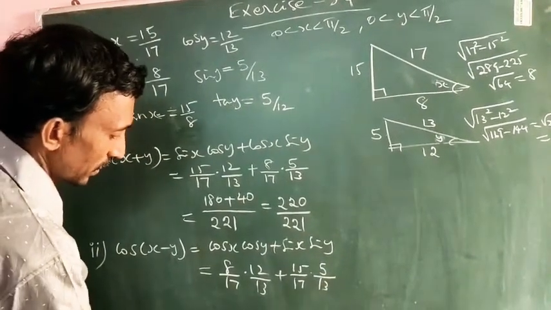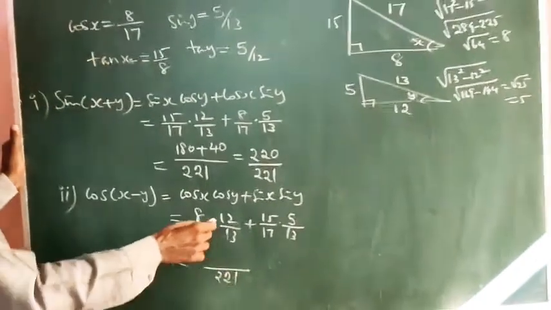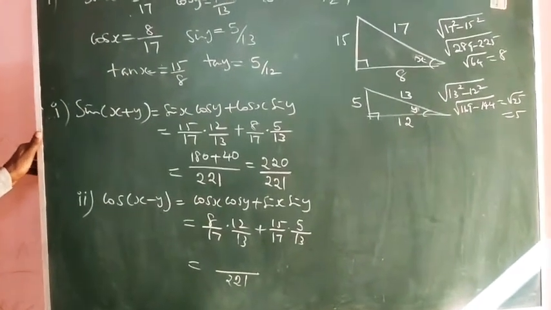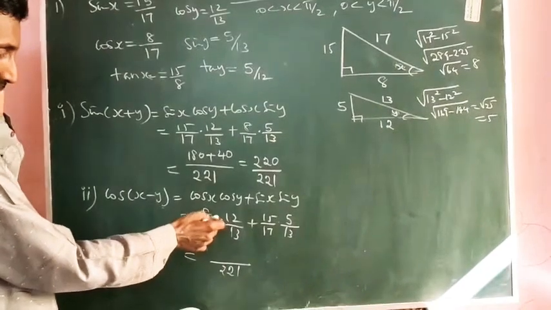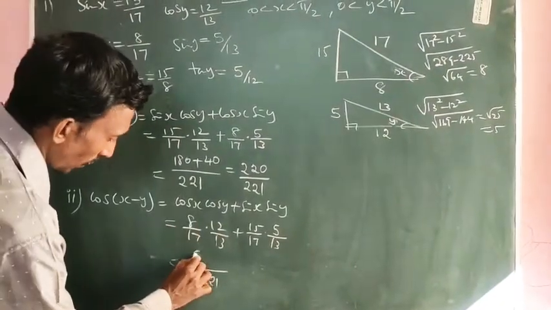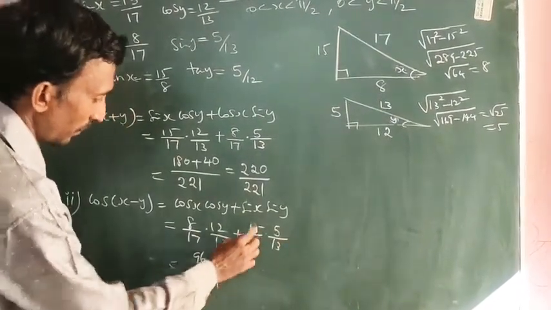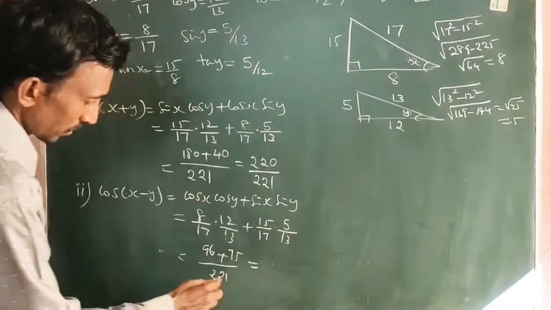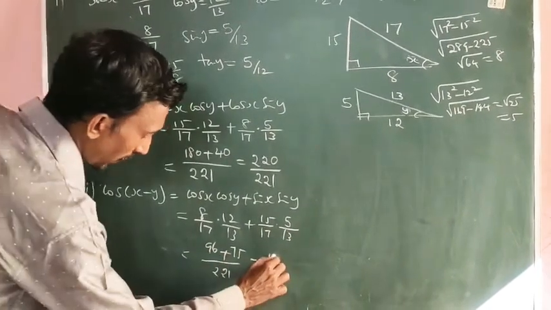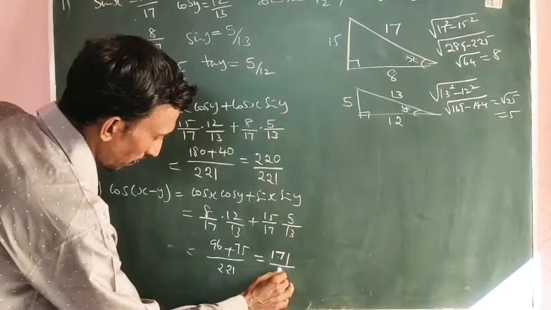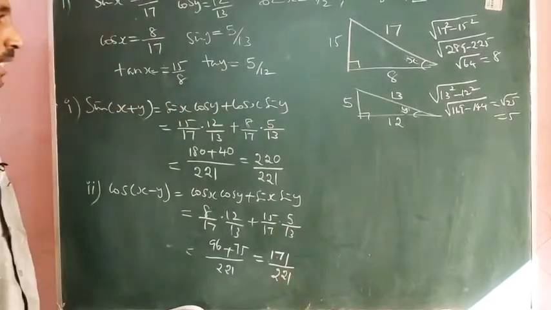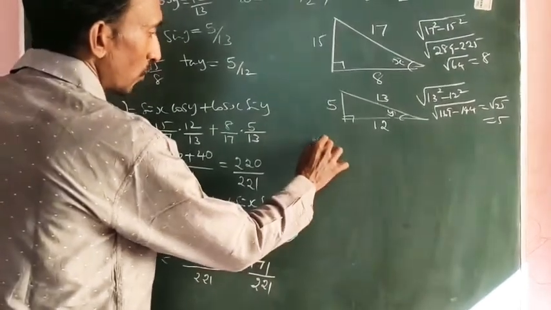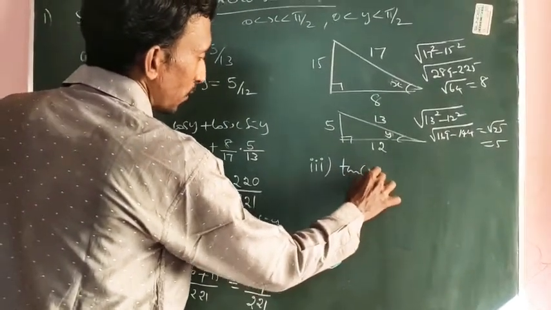Obviously the denominator is 221. So here 12 8s are 96 plus 5 15s are 75. So 171 by 221.